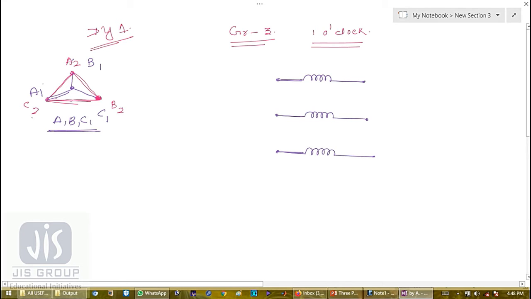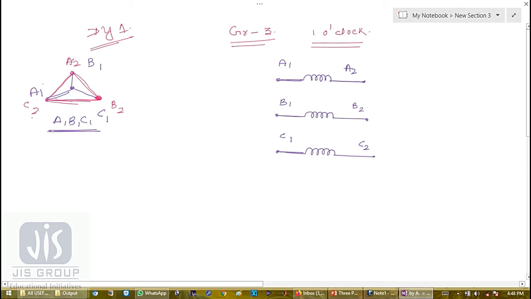Okay, so now A2 B1. Give me the names of the terminals: A2 A1, B2 B1, C2 C1.